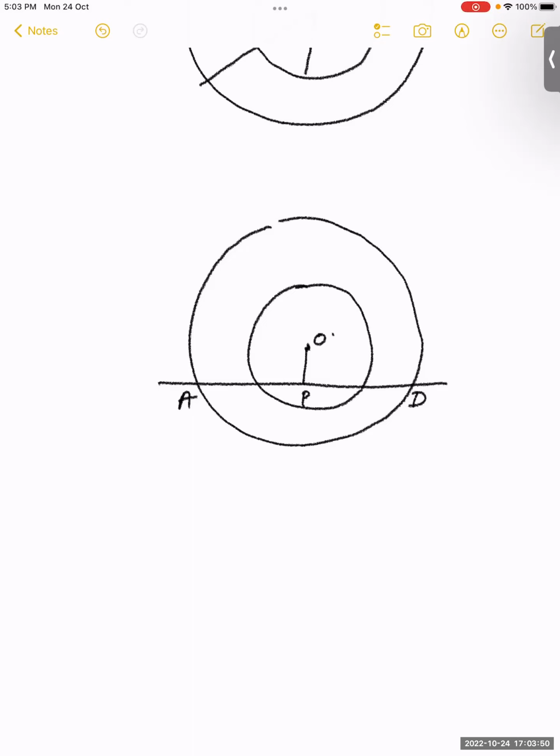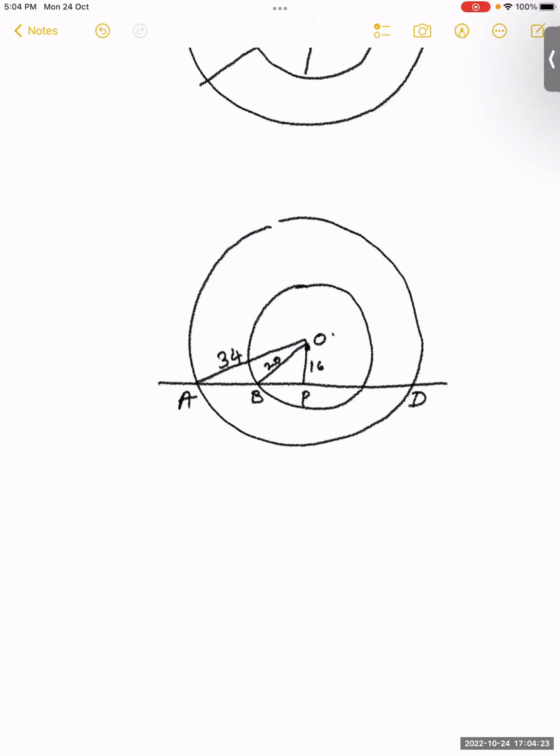If OA is 34 centimeter, so this is 34, that means the radius of the outer circle is 34 centimeter, and OB is 20 centimeter, and OP is 16 centimeter.